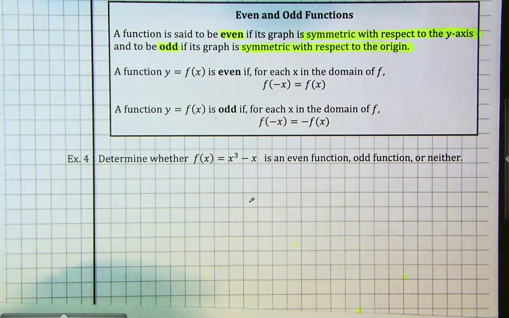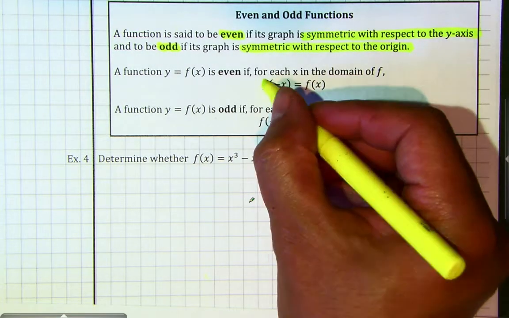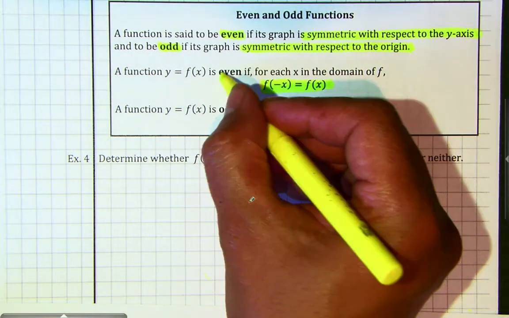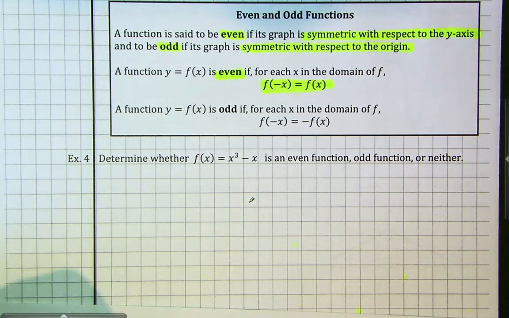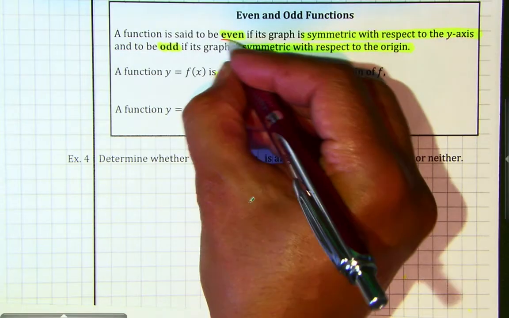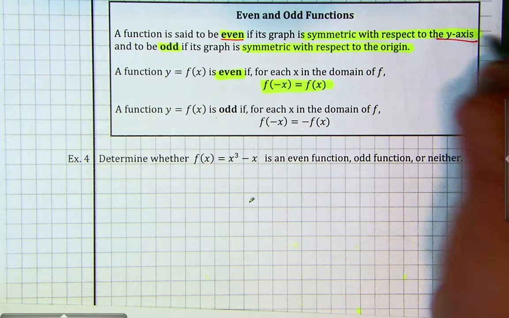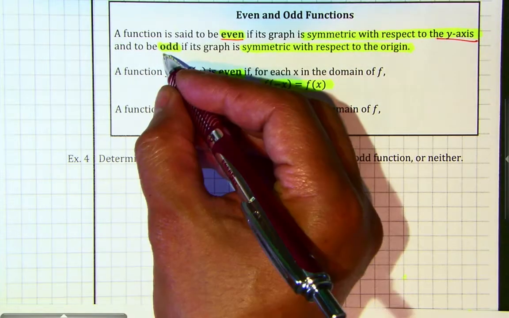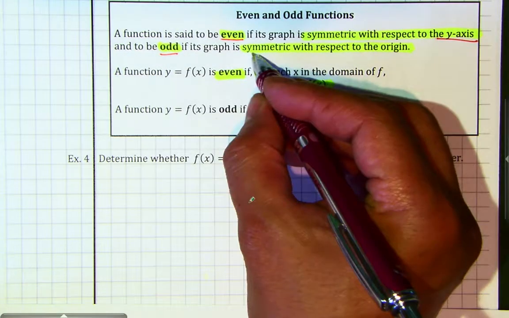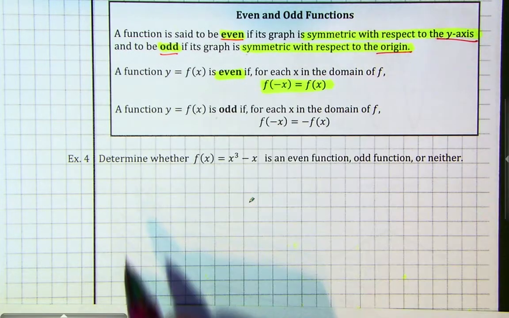And we'll go over this notation in a second. Remember, if it's even, it's going to be symmetric with respect to the y-axis. If it's odd, it's going to be symmetric with respect to the origin.